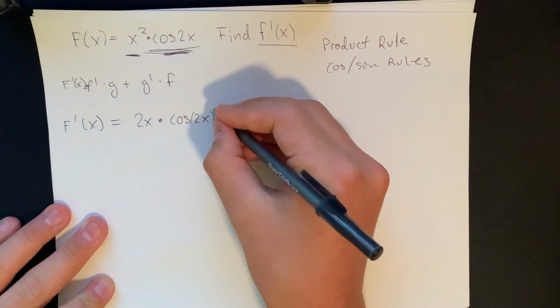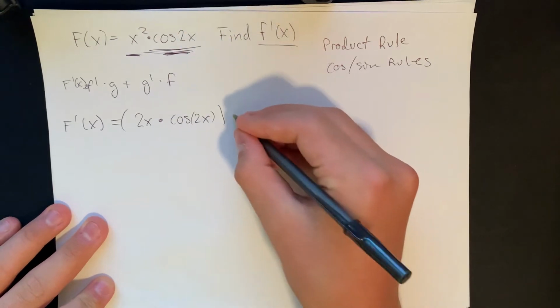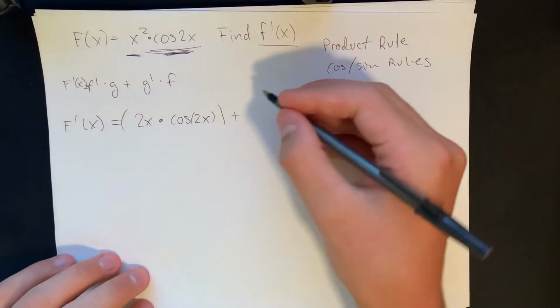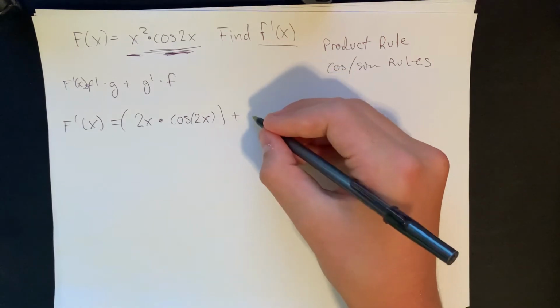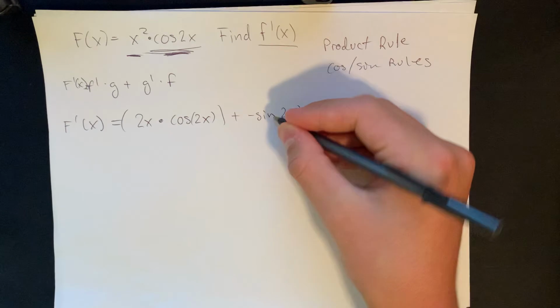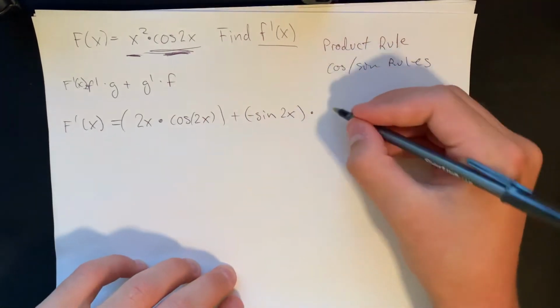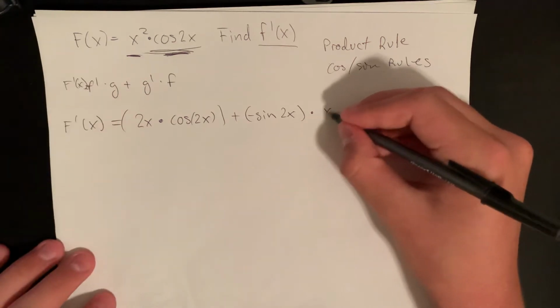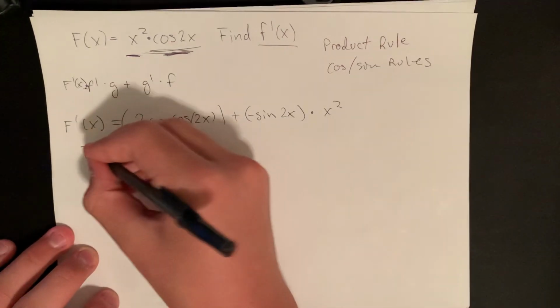And then you add that to g prime, which will be negative sine 2x times f, which is just x squared. And you add those together.